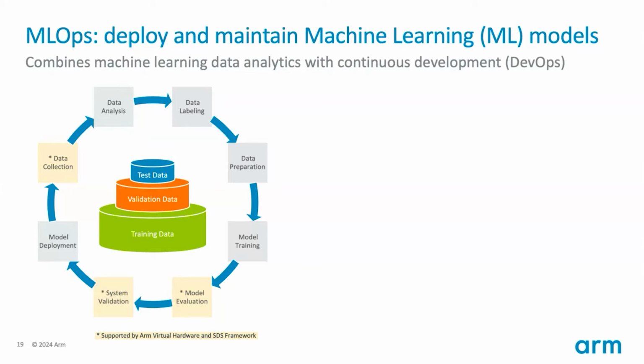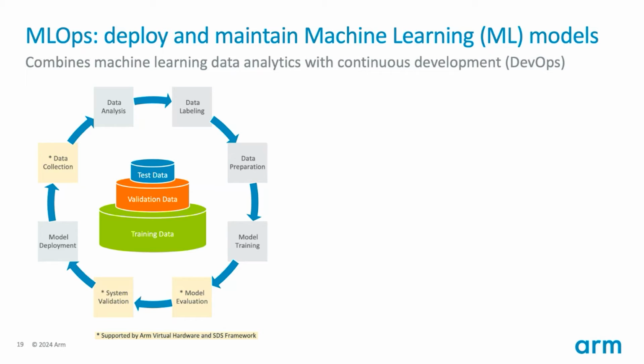MLOps is basically the art of deploying and maintaining machine learning models. You combine machine learning and data analytics with continuous development. Usually, machine learning models, which in the end are algorithms, are tested and developed in isolated systems where you process the data and create your model.